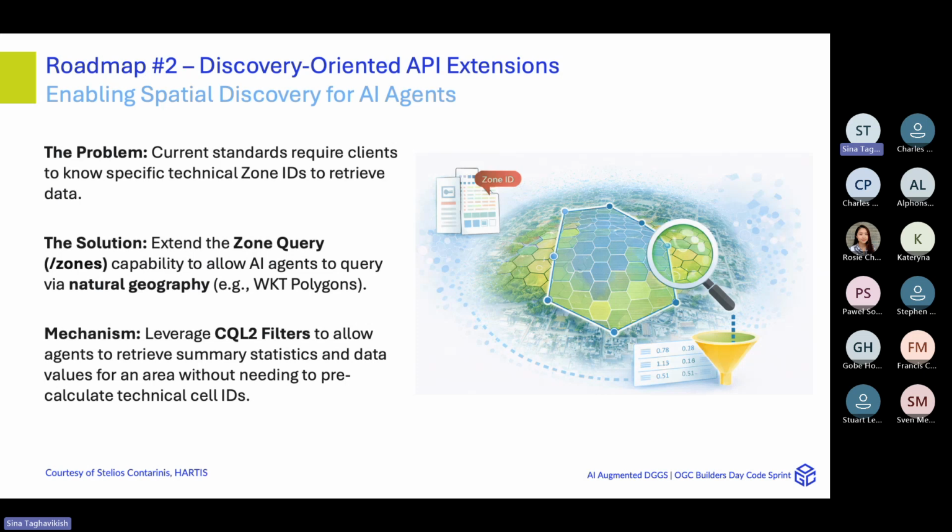The problem is that our current standards require clients to know a specific technical zone ID. What users normally want is to give natural geography, lat and long, and get their results out. Because of the complexities of DGGS and its specification, that is not that straightforward. So that's something that might be of interest to do in the short term.